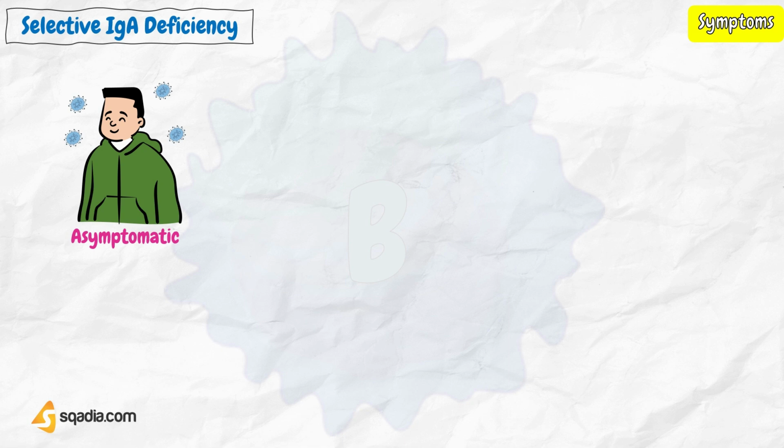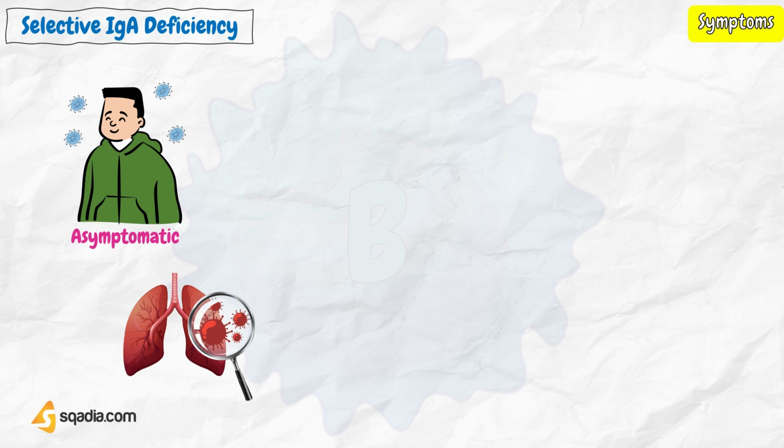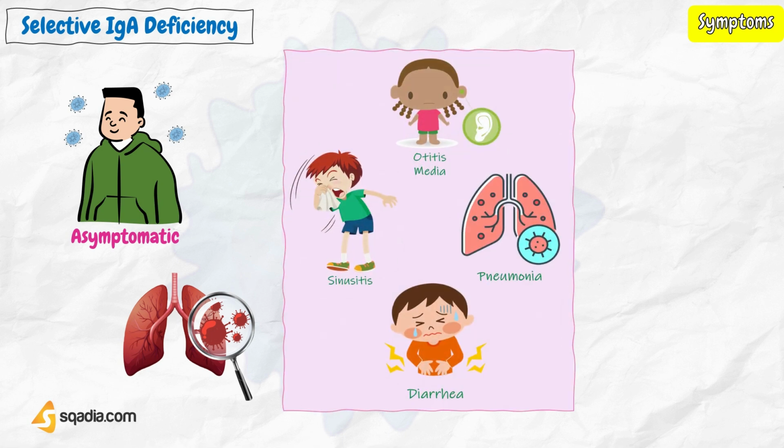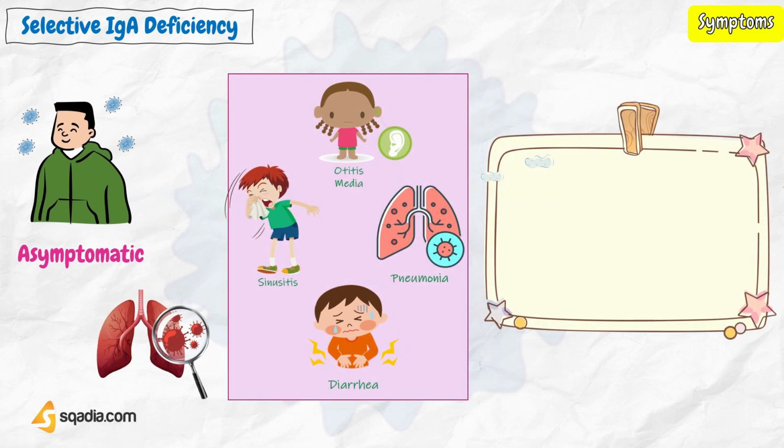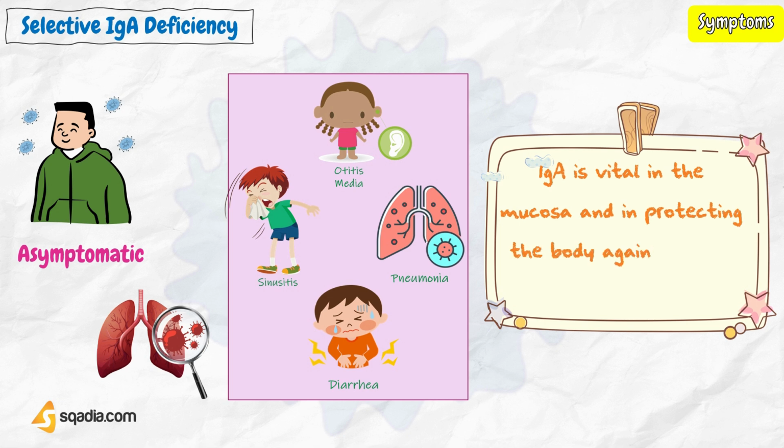However, when some patients are symptomatic, they present with recurrent sinopulmonary infections, otitis media, sinusitis, and pneumonia, as well as recurrent diarrheal illnesses from giardiasis. Now, this is all due to the deficiency of IgA, which is vital in the mucosa and in protecting the body against these pathogens.